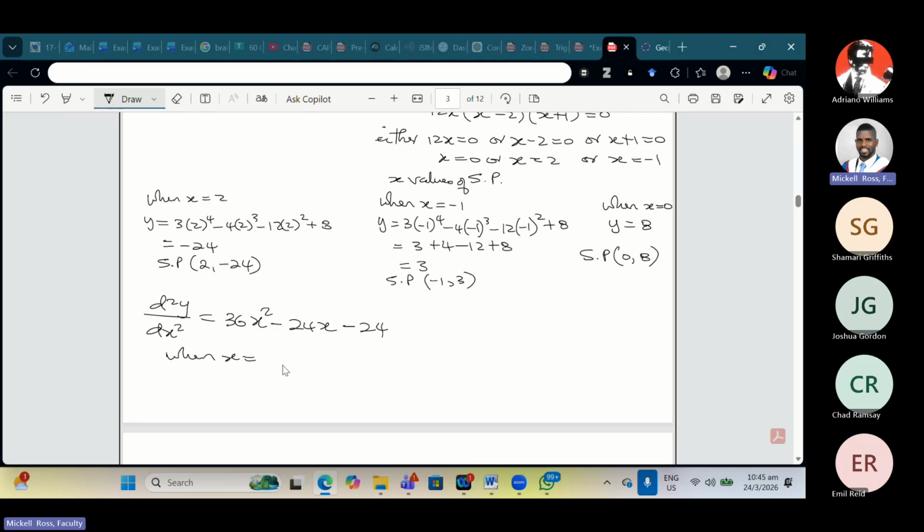So when x is equal to 2, for the second derivative, I'm just going to use my calculator to work it out instead of doing it very long. So this is going to be 36 minus 1.